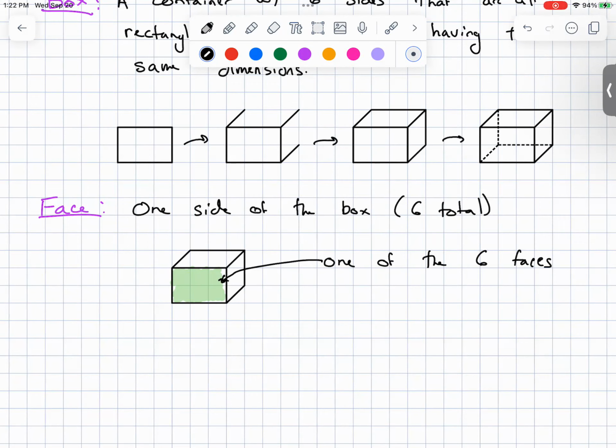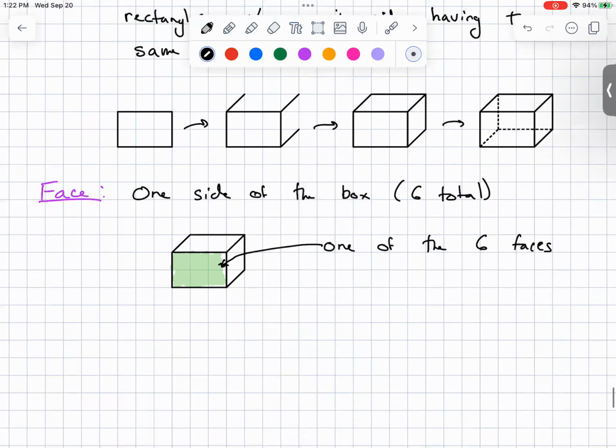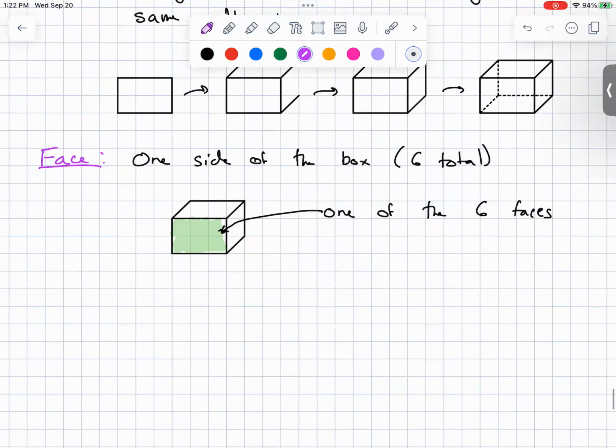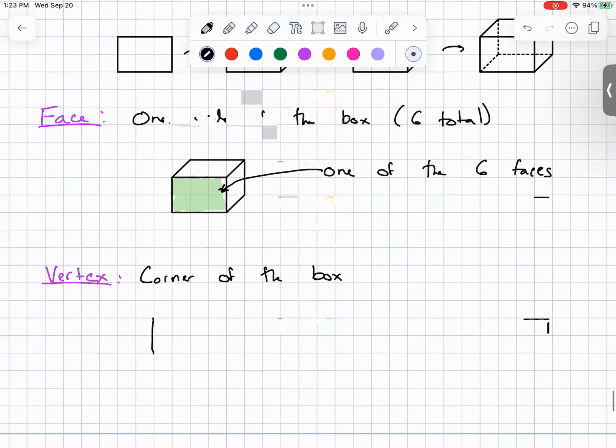Then some more terminology, of course, is the vertexes or vertices. A vertex is a corner of the box. Same picture. Well, that was a rectangle, you know that.